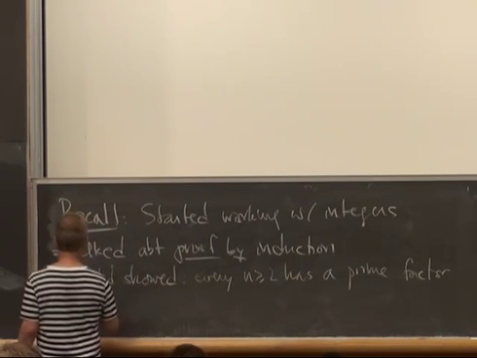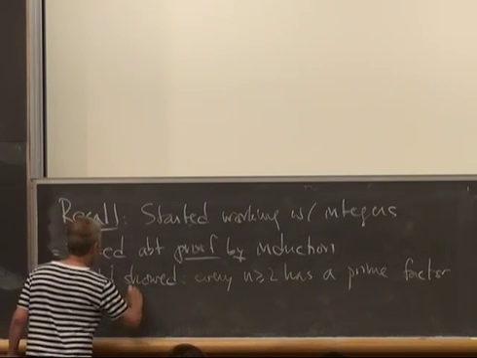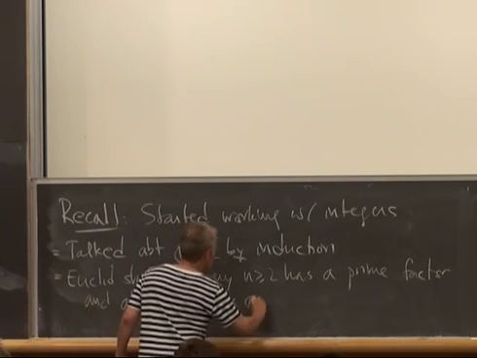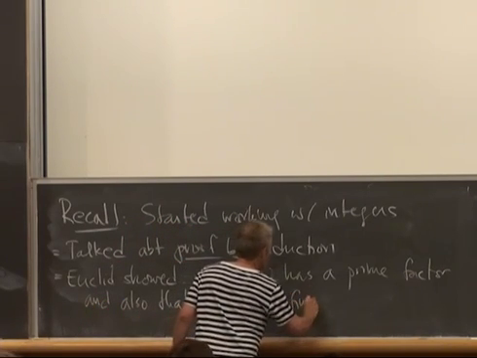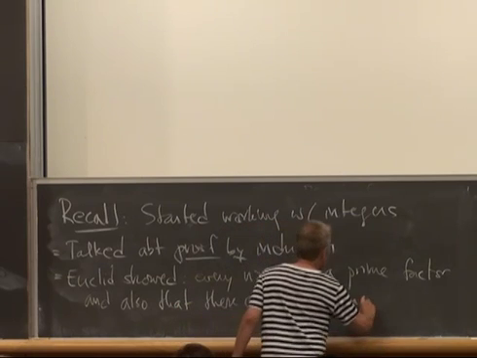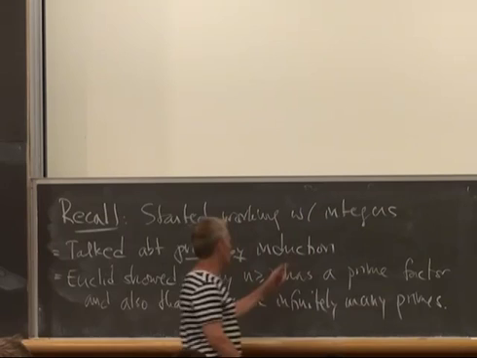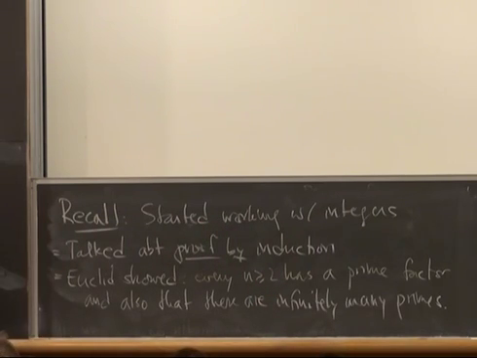He also showed by induction that there are infinitely many primes, which follows directly from that provable by induction result. And that's pretty much where we were at last time.